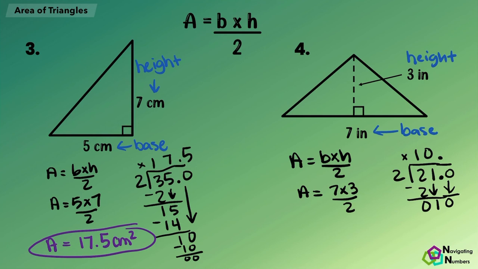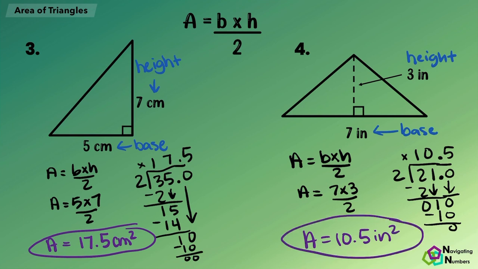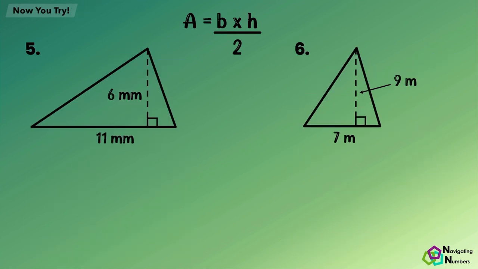So 2 goes into 10 5 times. 2 times 5 is 10. Remainder of 0. So the area of this triangle is 10.5 inches squared. All right. So here are some problems for you to try out on your own.